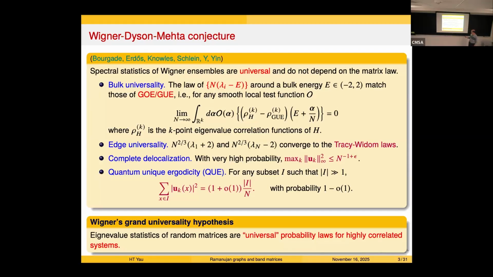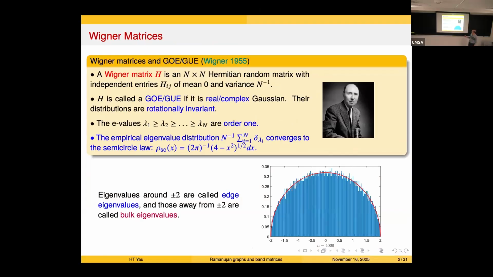If the matrix elements are Gaussian, then you get one statistic. But suppose the probability law of the matrix elements is not Gaussian, it's some other probability law. Then do you get the same eigenvalue statistics? For example, you can have a random matrix where each element is Gaussian, and another one where you just flip a coin.